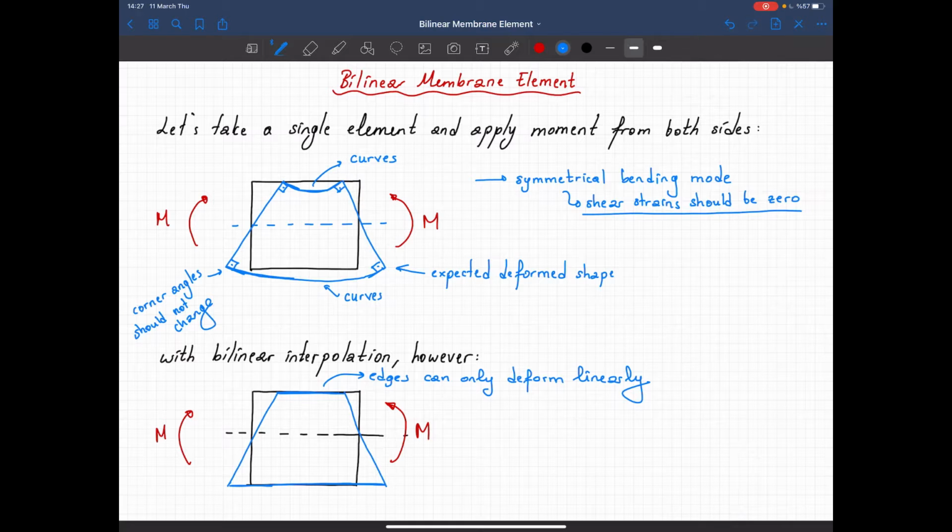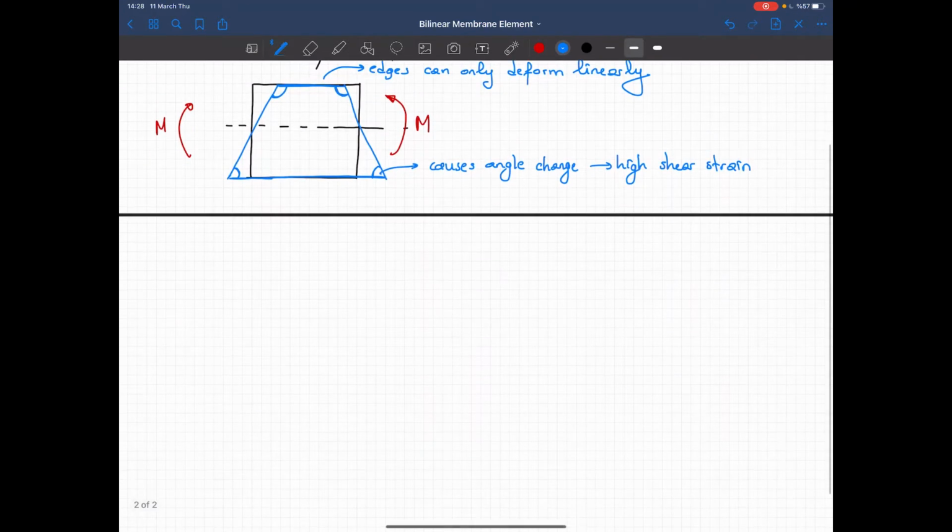Now let's take a look at the corners. As you see, we see a huge angle change. When we apply a moment, the deformed shape causes an angle change, which tells us that these moments cause high shear strains. All right.